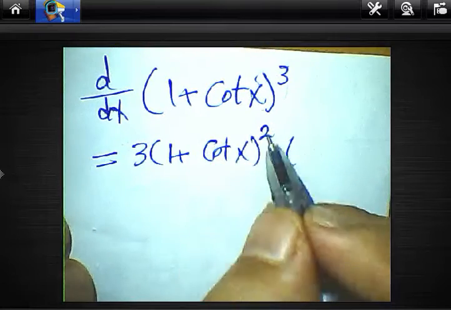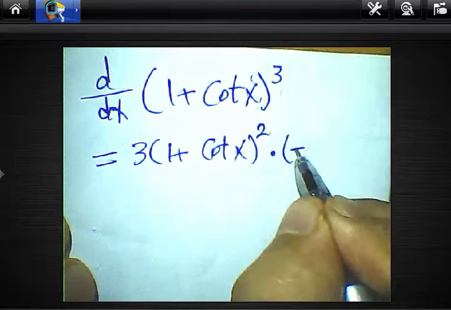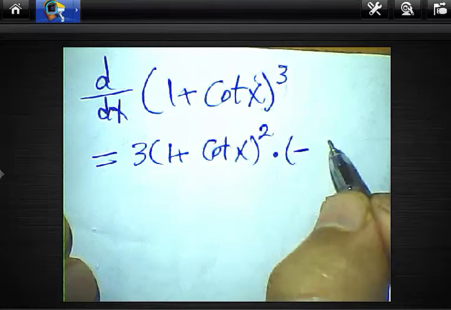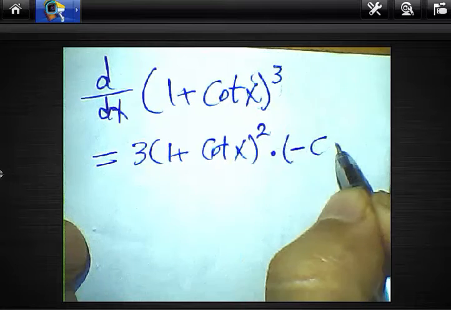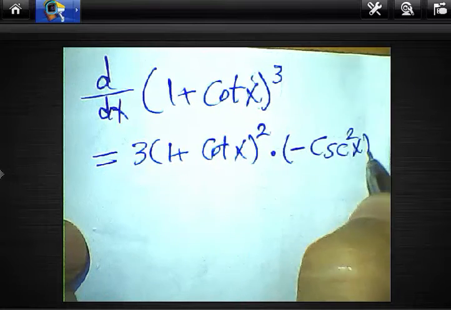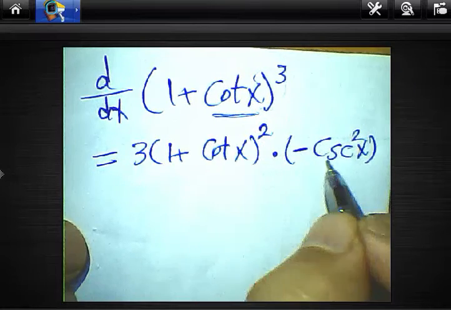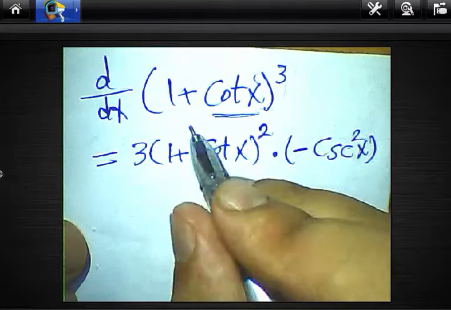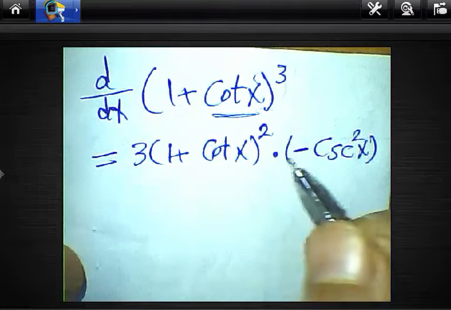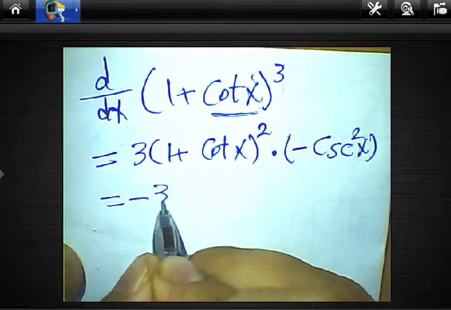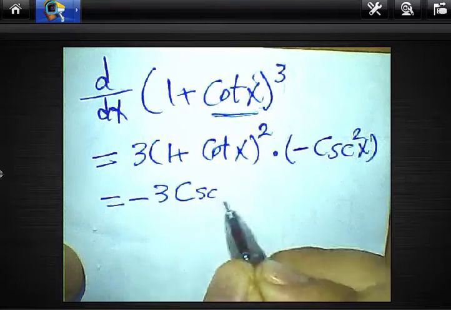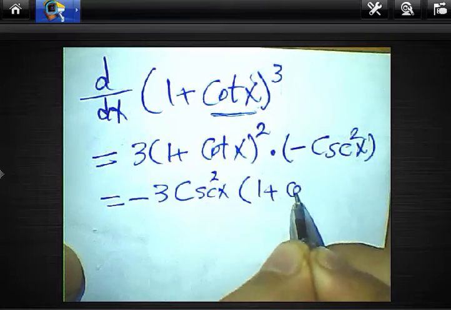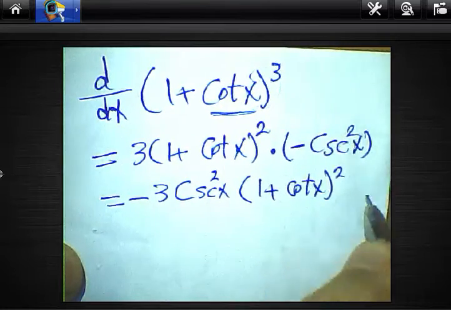The derivative of 1 equals 0, and the derivative of cotan x is negative cosec power 2 x. So the result will be negative 3 cosec power 2 x multiplied by 1 plus cotan x, whole power 2.